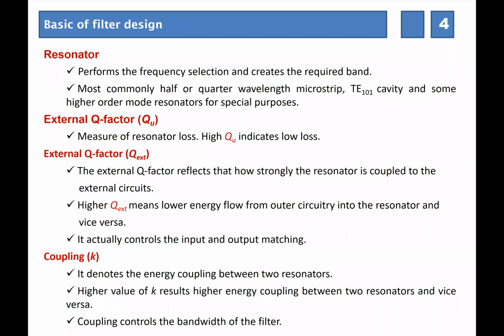Most commonly, the resonators may be half wavelength or quarter wavelength resonators in microstrip line, CPW, then TE101 cavity, and some higher order cavities are also used for waveguide resonators. Throughout this talk, I will discuss the filtering structures based on microstrip line and SIW.